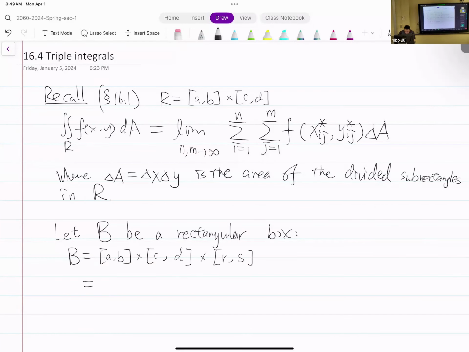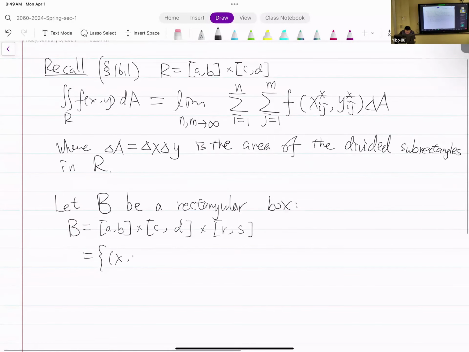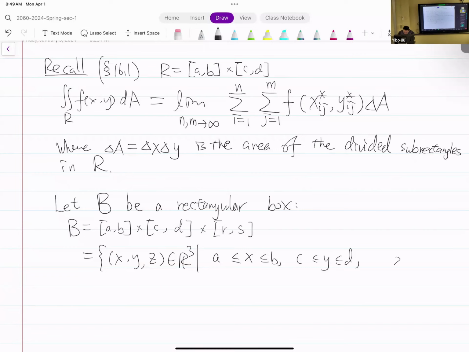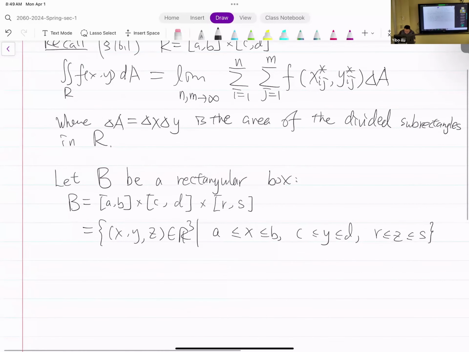So basically, this is the set of all points in three-dimensional space, tuples X, Y, Z, such that x is between A and B within the first interval, Y is between C and D, and finally Z is between R and S. So here we quickly extend the above definition for the double integrals.